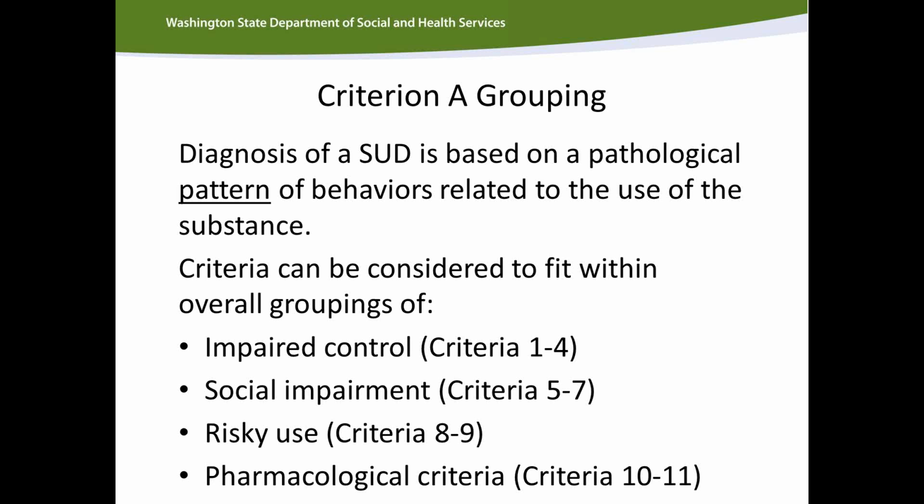This is a change from DSM-IV, which had 6 months as the cutoff. And then sustained remission would be after the full criteria for the disorder were previously met, none of those criteria have been present at any time during a 12-month period. So 12 months is the cutoff point for sustained remission.